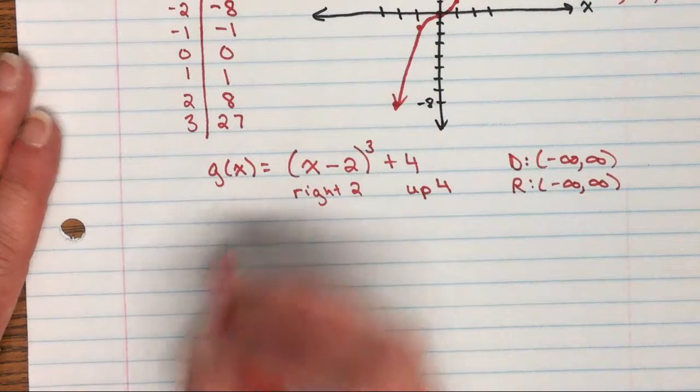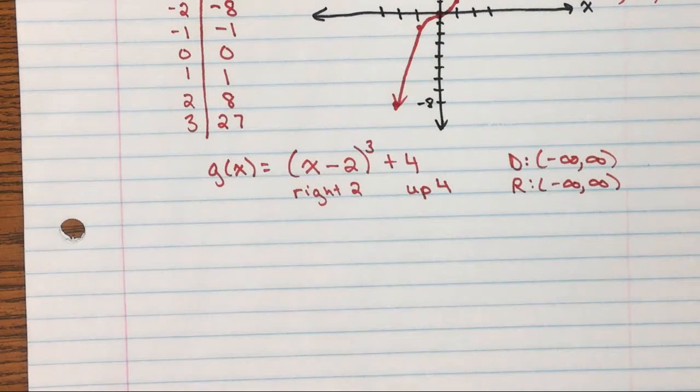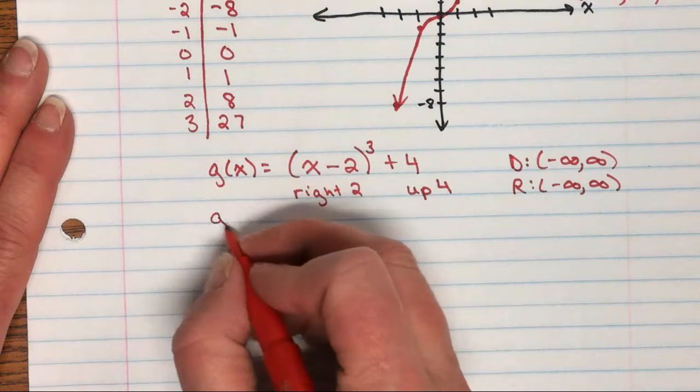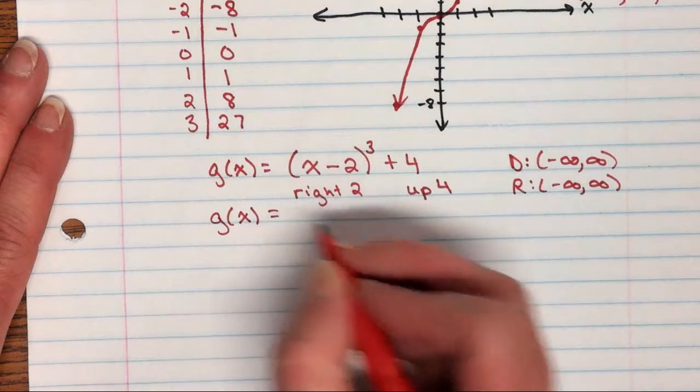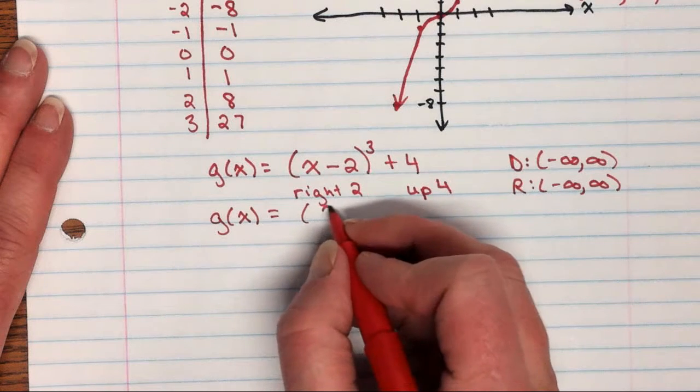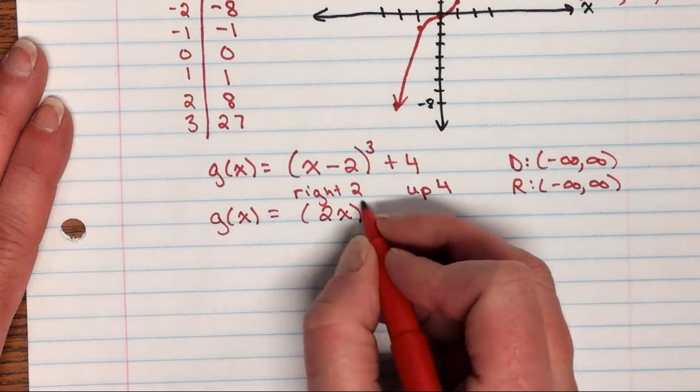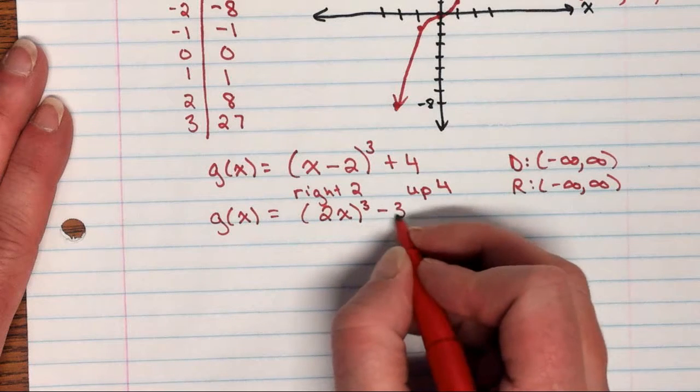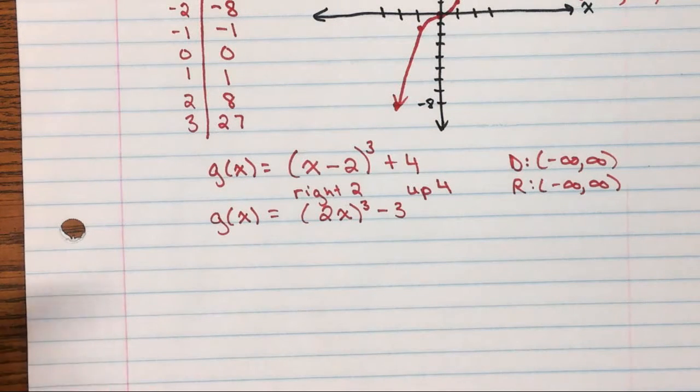Let's look at a little bit harder one. I'm going to change colors here. Now we'll keep it red. g of x equals (2x) cubed minus 3. What if it had a 2 in there? Oh, we don't like that, do we?